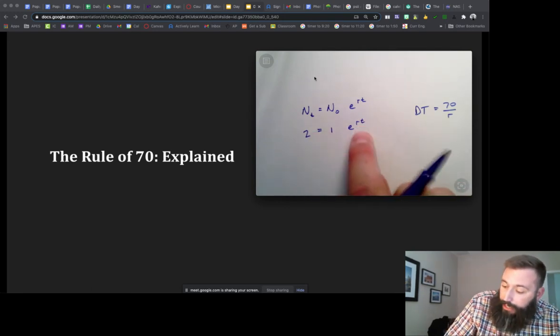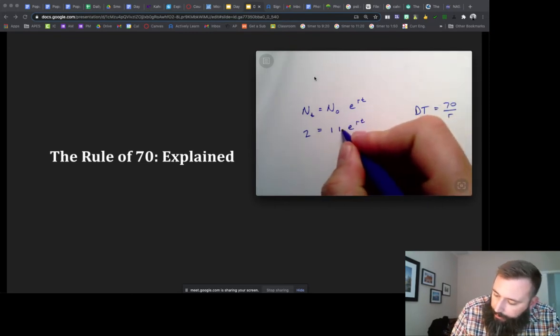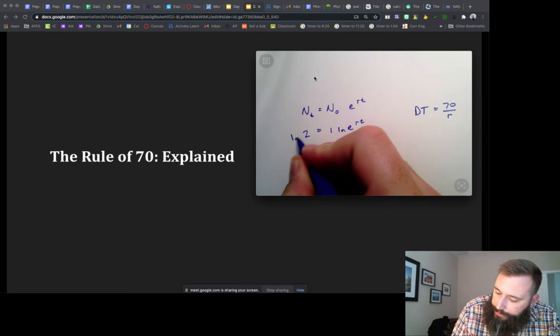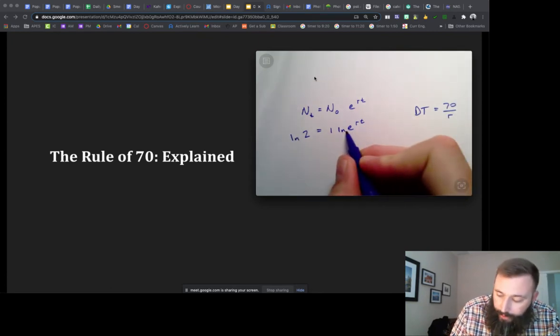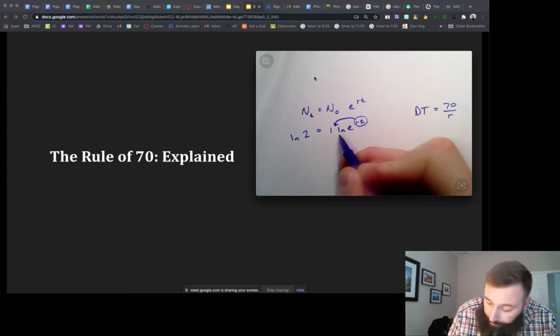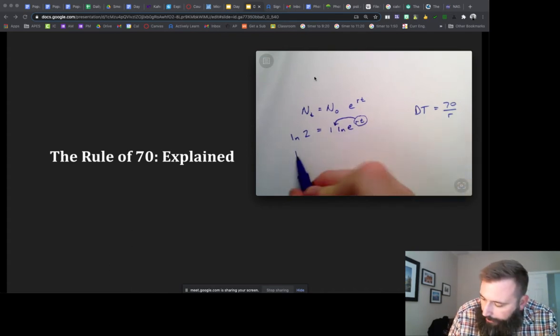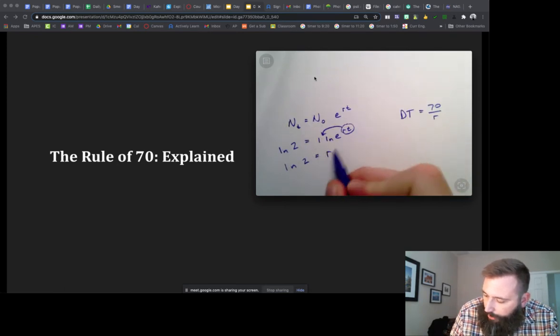We've got to take the natural log of e to the RT, and when we do that, we've got to do it to the other side as well. The natural log of e is 1, and the powers property allows us to bring the exponent to the front of the natural log. So natural log of 2 is equal to RT.